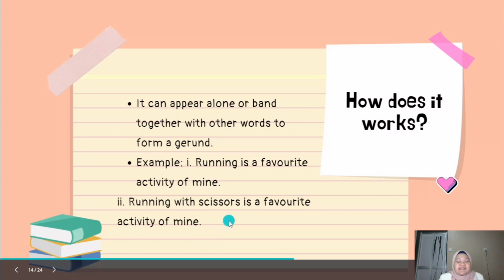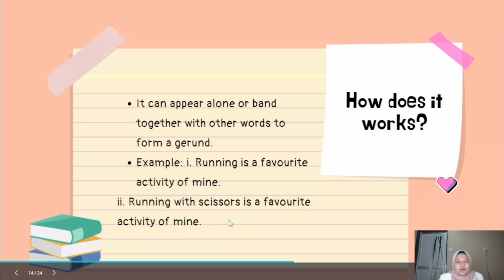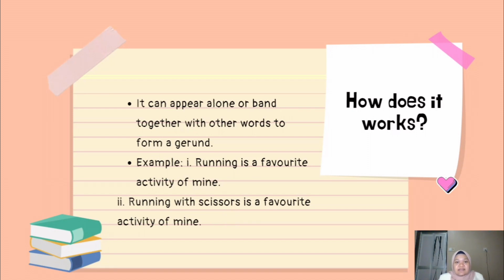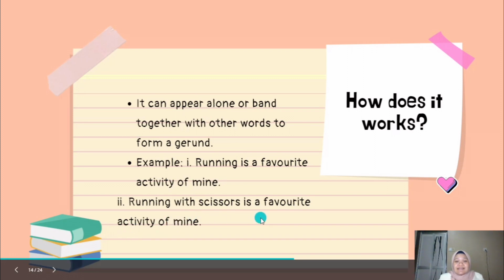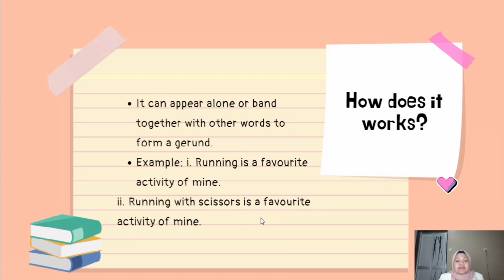You see how psycho that person is? Actually, running with scissors can be an idiom as well, but here I want to show you how other words can help to form a gerund phrase. So here it is, running with scissors. That is how other words form a gerund phrase.